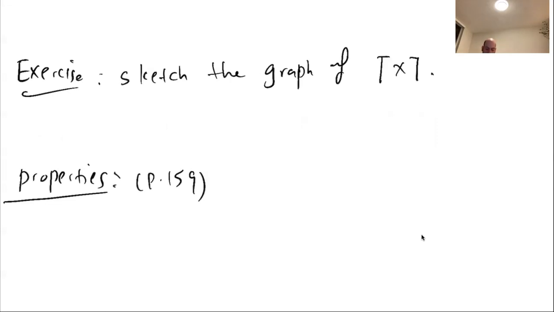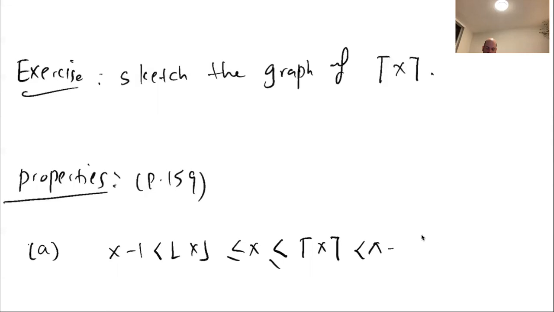So for example, say A, X minus 1 is less than floor of X, less than or equal to X, less than or equal to ceiling of X, less than X plus 1.